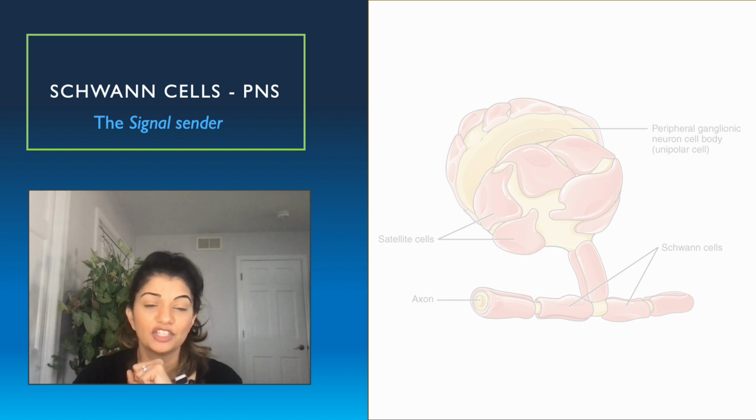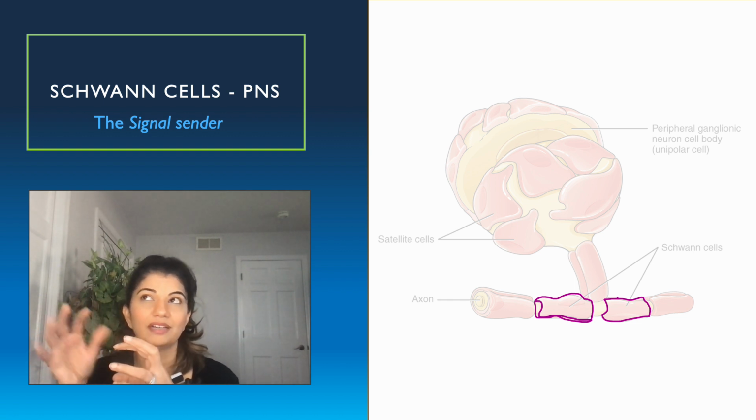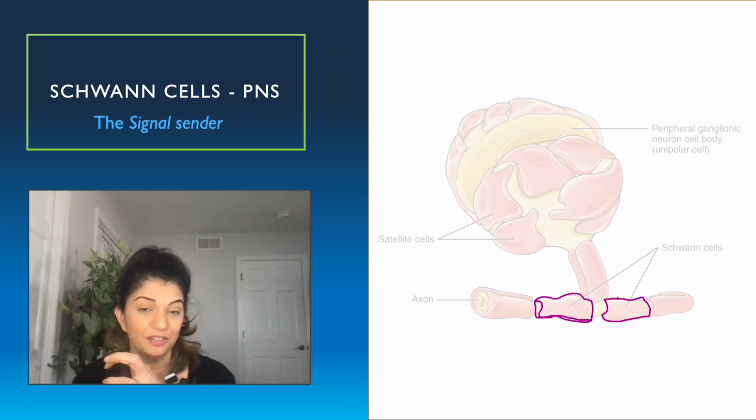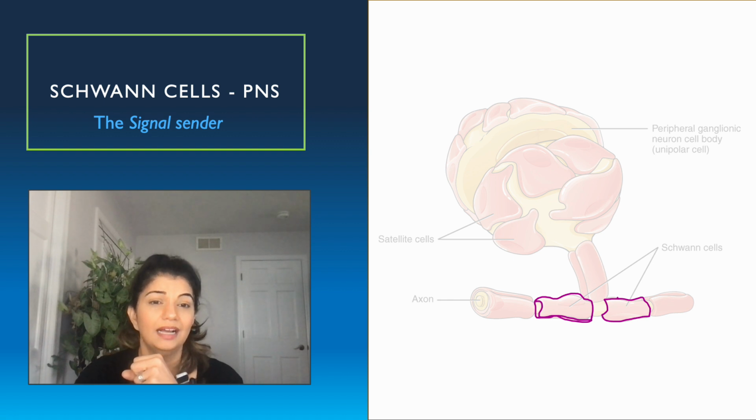Okay, now we've got Schwann cells, which are also found in the peripheral nervous system, and this is going to be your cell that is the counterpart to oligodendrocytes in the CNS.